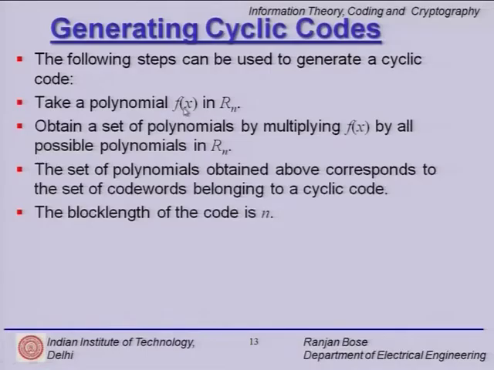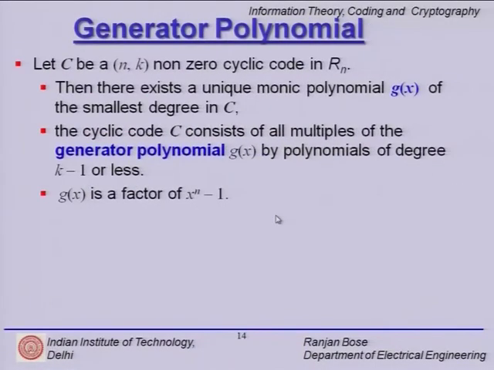Take any polynomial f(x) in Rn and obtain a set of polynomials by multiplying f(x) by all possible polynomials in Rn. The set of polynomials obtained above correspond to the set of code words. So, basically we have some kind of a notion of a generator polynomial, and the block length will be n.